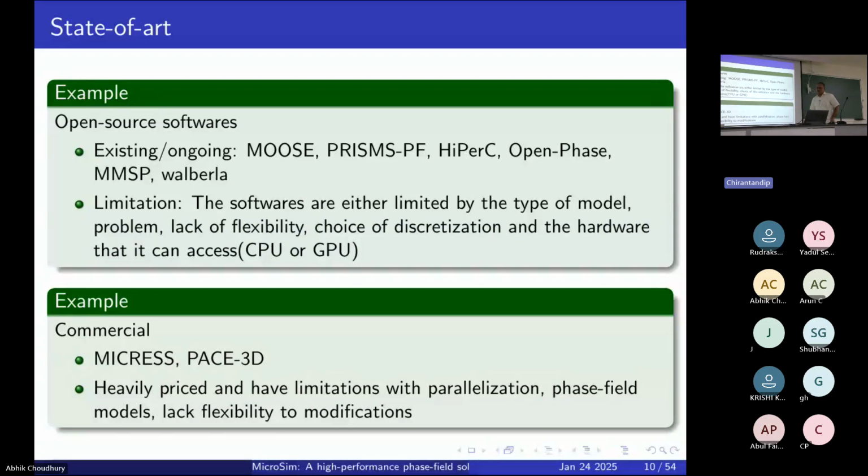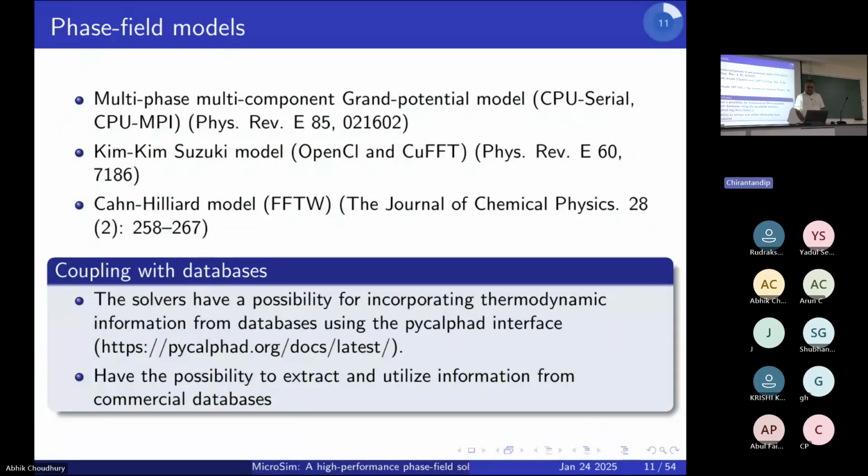For example, GPU is not possible. On the commercial side, you have software which is actually very expensive but very limited in terms of capabilities. So definitely there is scope for improvement.